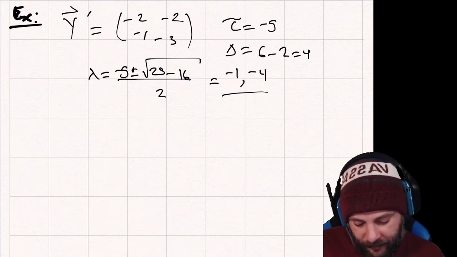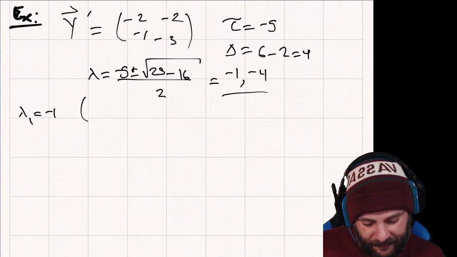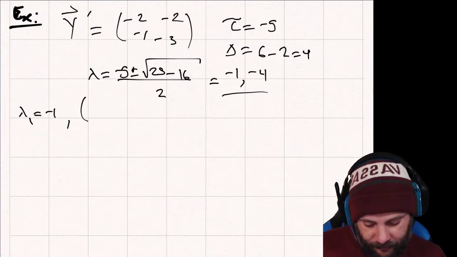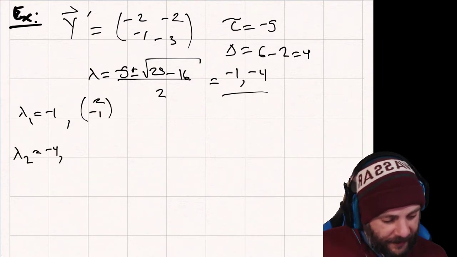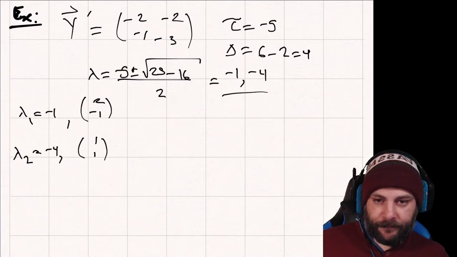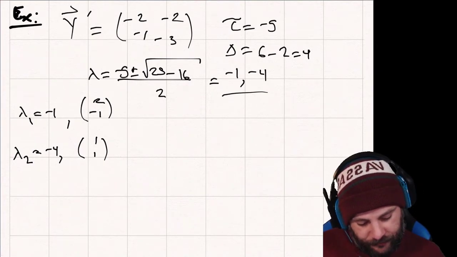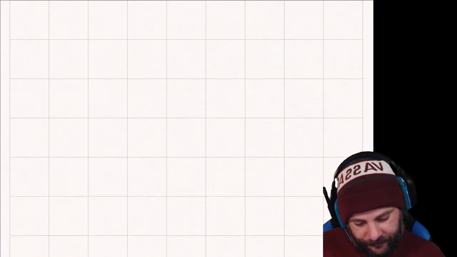Now, like I said, I'm going to skip ahead a little bit. Lambda 1 equals -1. It has the eigenvector, and you should calculate this at home and make sure this is what you get, 2, -1. And lambda 2 is -4, and it's paired with the eigenvector 1, 1. Cool. So my general solution is comprised of 2 components here.